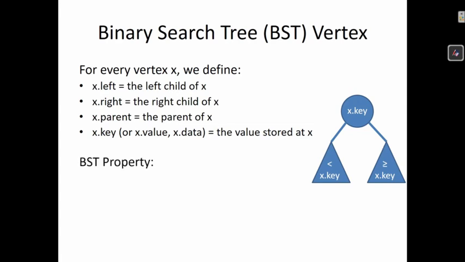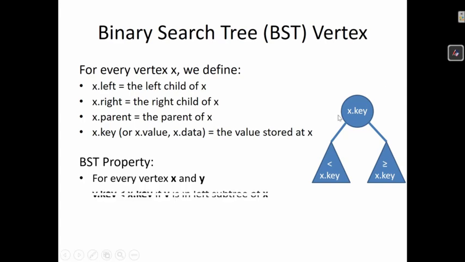What's the binary search tree property? It says that for every vertex x and y, imagine here I have x. The key of y is smaller than the key of x if y is in the left subtree of x. So everything in the left subtree must have a key smaller than that of x.